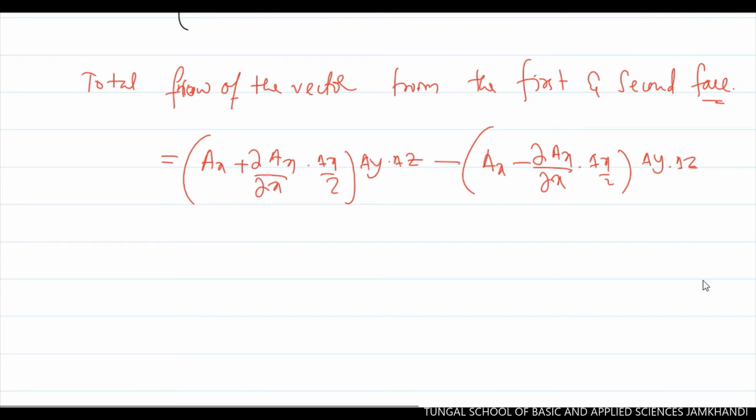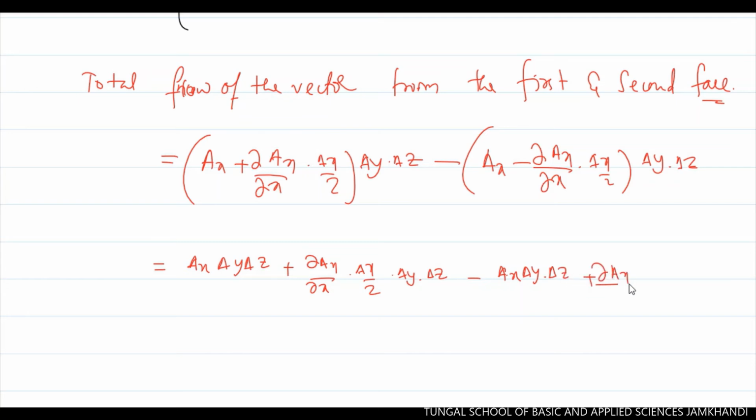Now if you add these two, I get Ax Δy Δz plus ∂Ax/∂x into Δx by 2 into Δy into Δz, minus Ax into Δy into Δz plus ∂Ax/∂x into Δx by 2 into Δy into Δz.